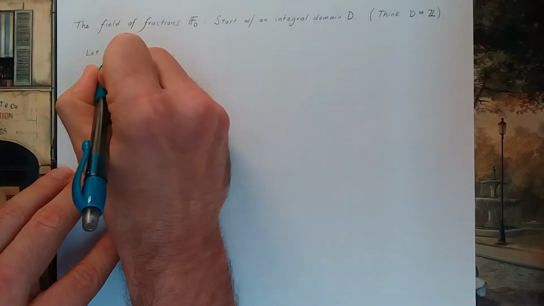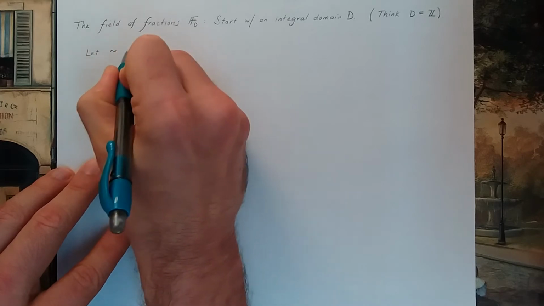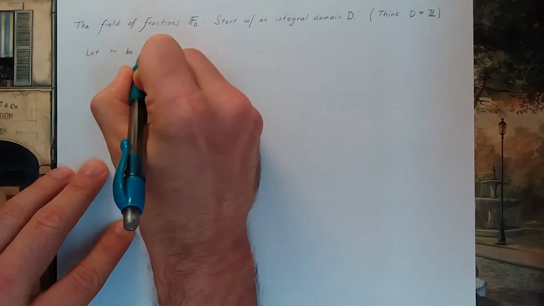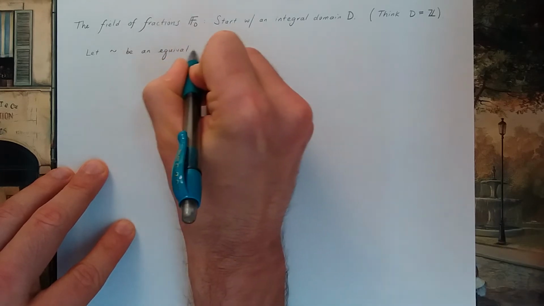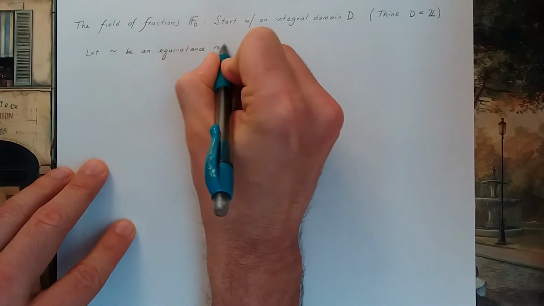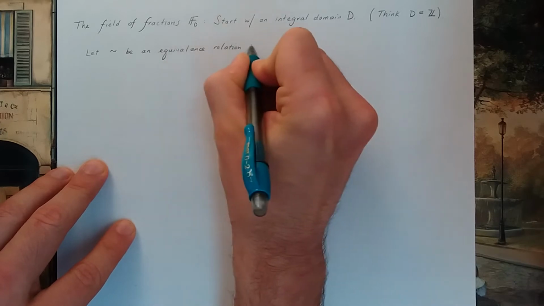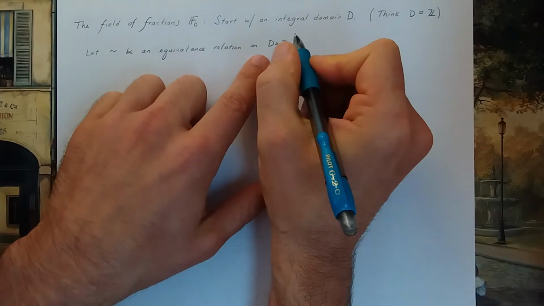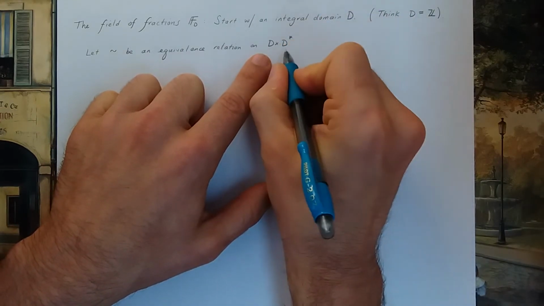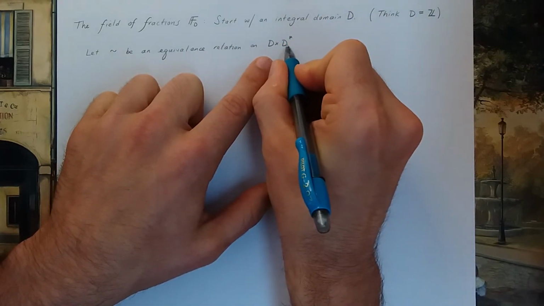We start by letting this be an equivalence relation on pairs of elements in D, but I do not want the 0 element in the second coordinate.